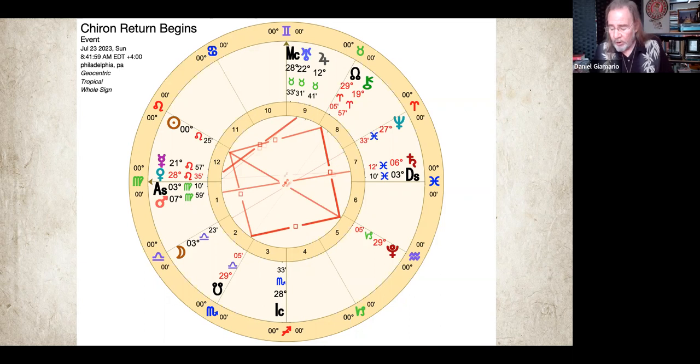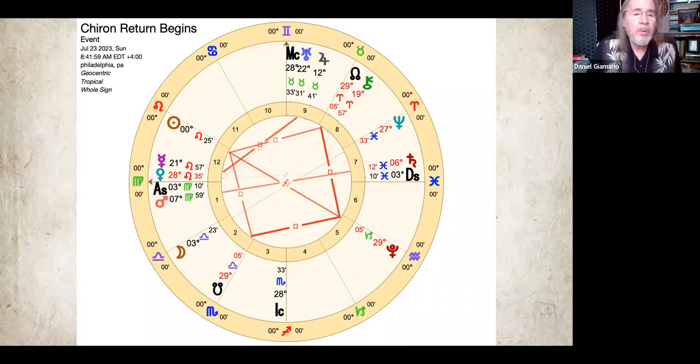But what I'm suspecting, and I think other astrologers that I've looked at have kind of agreed with this, is that we could say the Chiron return to the US chart actually begins in 2023.